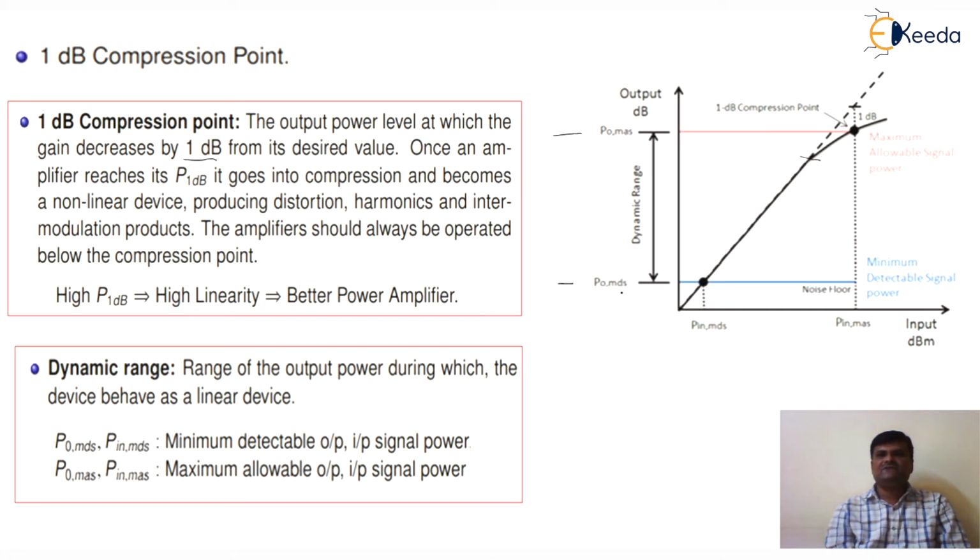P0 MDS and P in MDS are the minimum detectable output and input signal power, whereas P0 MAS and P in MAS are the maximum allowable output and input signal power. So the dynamic range is calculated between P0 MDS and P0 MAS.